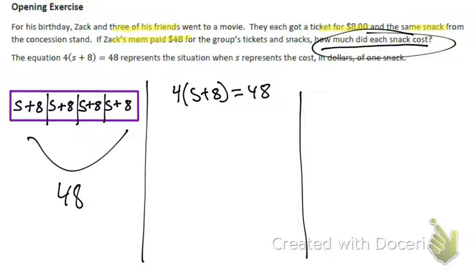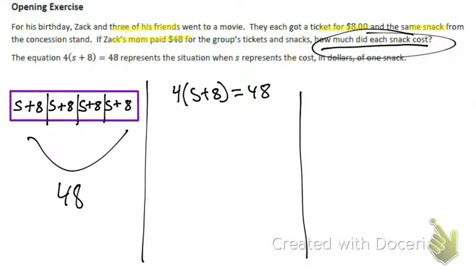A lot of times what you guys are going to do is have a word problem, and you're going to draw a tape diagram first to help you with the equation. So right here, you have S, the snack, plus the $8, right? One person buys a snack and an $8 movie ticket. And since there's 4 of them, 4 of the same thing over and over, you can represent it like that: S plus 8, times 4.